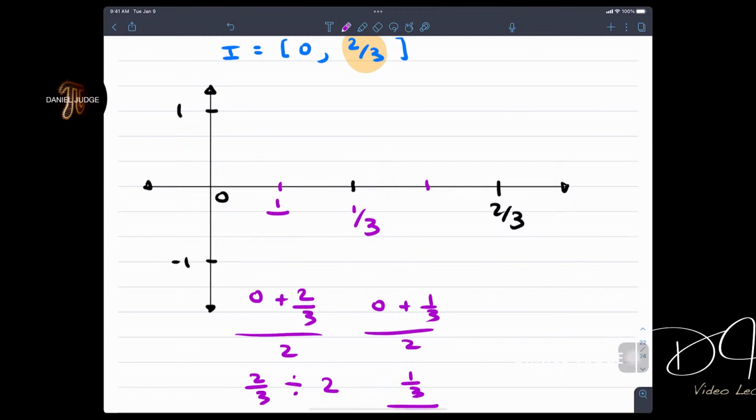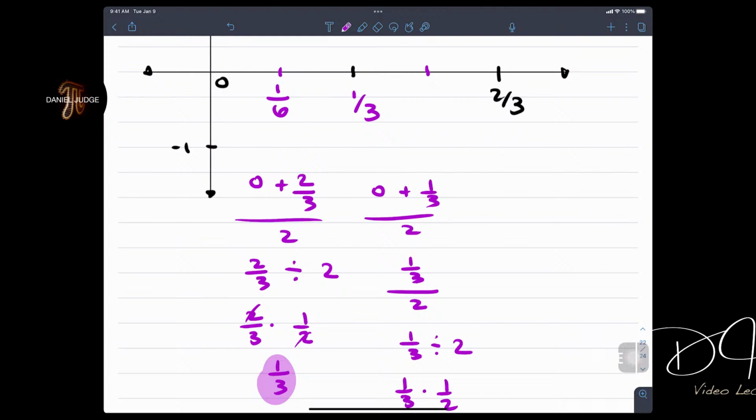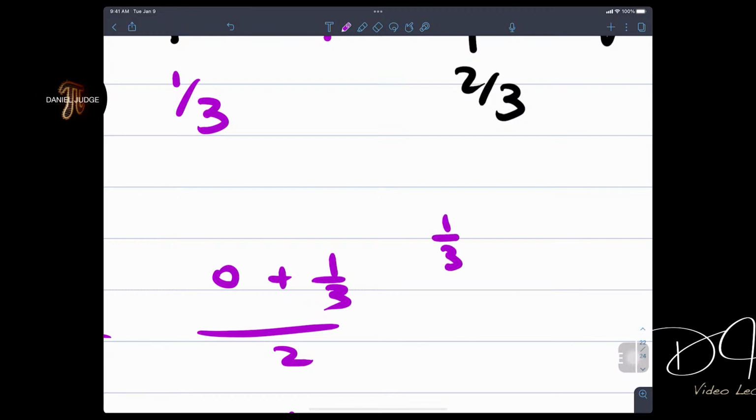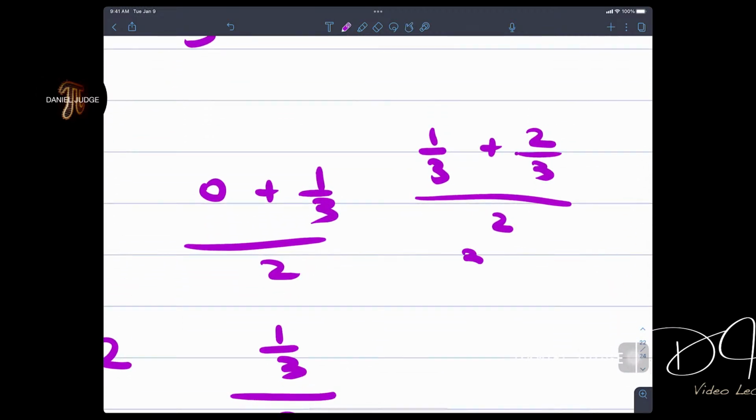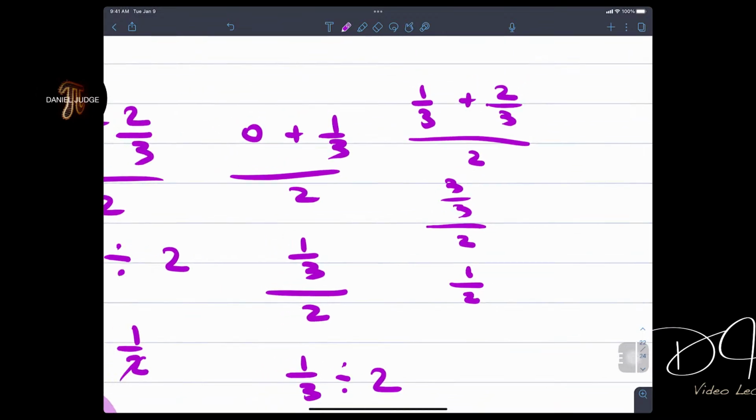Oops, wrong place. Right there. Now we need halfway between 1/3 and 2/3. This is the last halfway mark. 1/3 plus 2/3 divided by 2 gives us 3/3 divided by 2, which is 1 divided by 2.